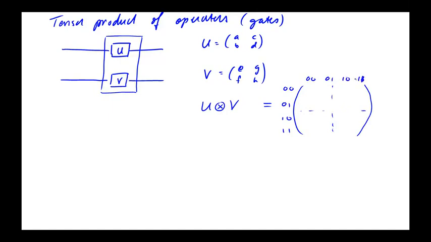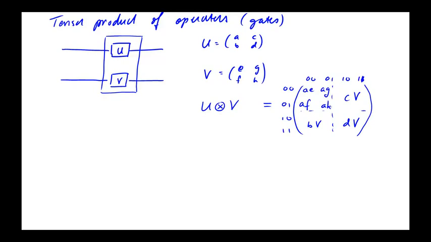And what it'll look like is, these first four entries will look just like V, except they'll be scaled by A. These four entries will look like V, except scaled by B, and so on. Okay, so let's write out these first four entries explicitly. These first four entries would be A times E, A times F, A times G, A times H.